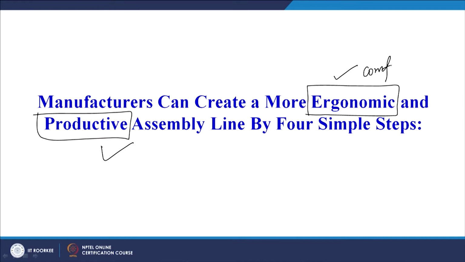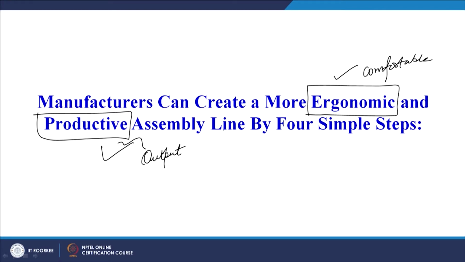So in work measurement we can easily find out how much work, in terms of number of jobs, has to be assigned to a worker. That must also be achieved. It is not only that we are making the work environment comfortable for the worker, we also need to ensure that the output that has to be delivered is also ensured.